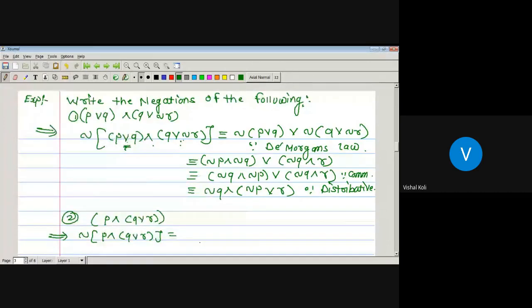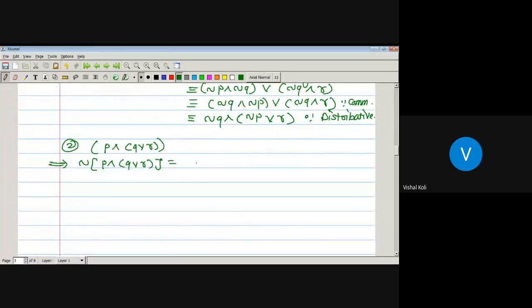By De Morgan's law, it is nothing but negation of P or negation of Q or R, which is by De Morgan's law. Now it is equal to negation of P as it is, or again negation of Q or R, which is nothing but negation of Q and negation of R. So that will be the negation of the given statement. Here also we have used the same property, that is De Morgan's law.